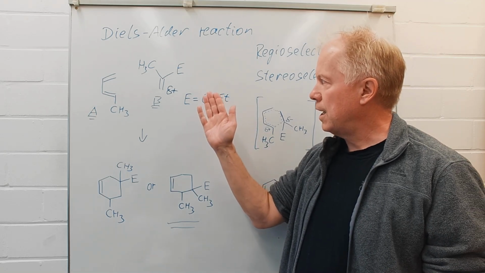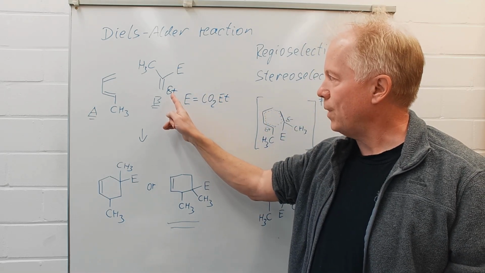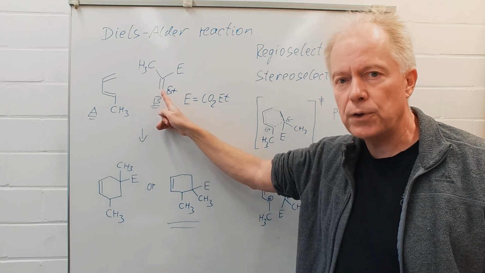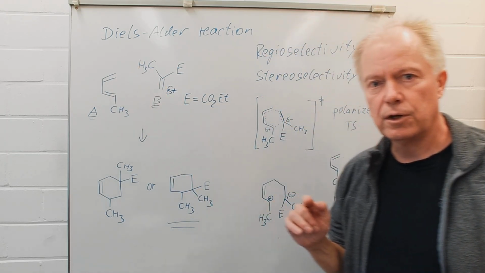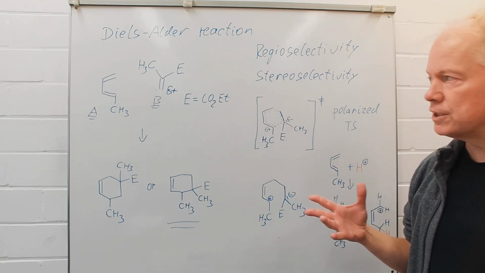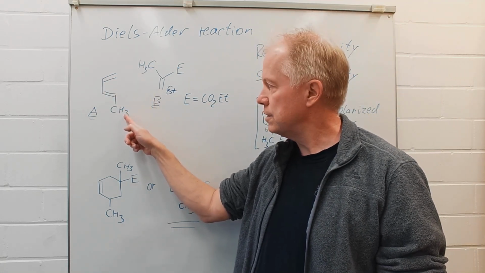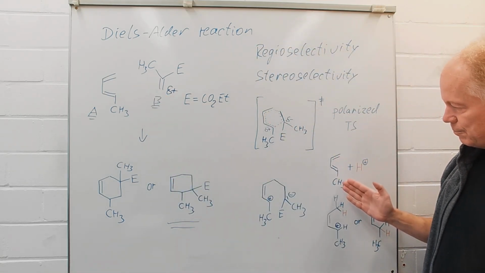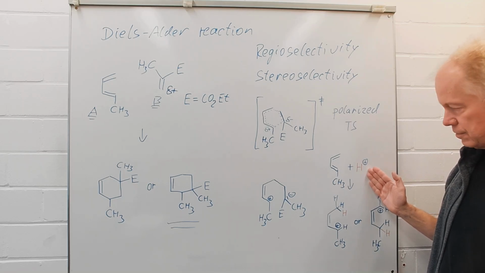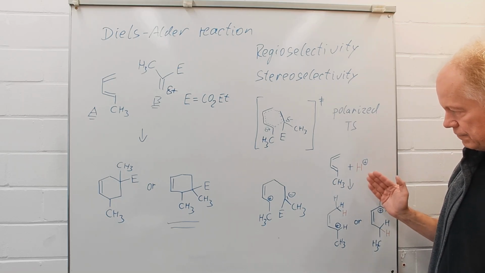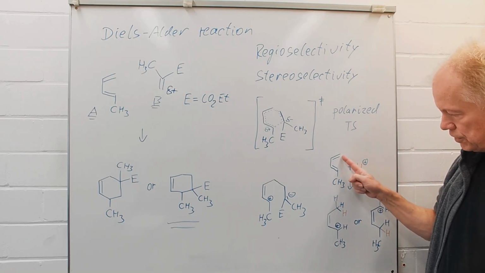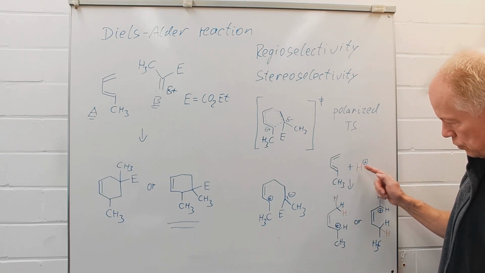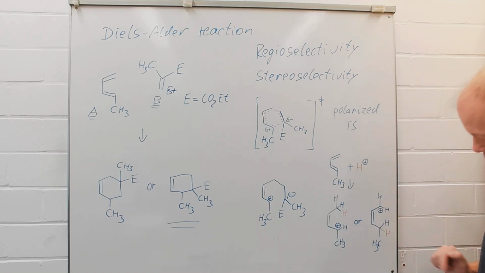So, how can we imagine why that positive polarized center attacks preferentially at this position? Well, just have a look what happens if we would protonate this molecule. So, this pentadiene plus a proton, we have either the possibility to protonate here, it would result in this cation, or to protonate it there, this would be the result.